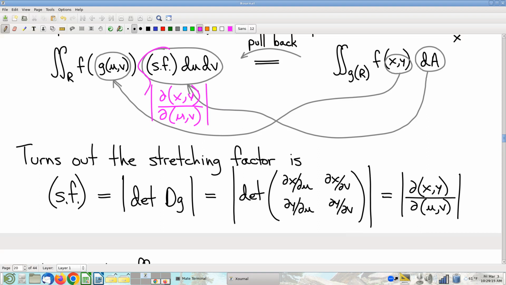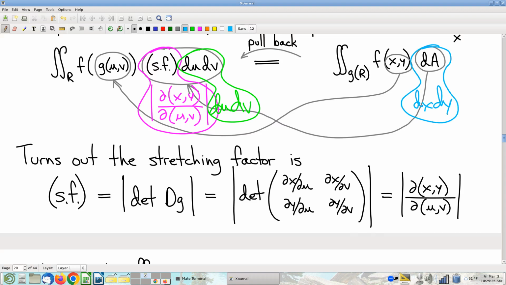There's my stretching factor, multiplied by du dv. And the claim is that is equal to this thing, which is, of course, dx dy. It represents area in the xy plane. So altogether, we're making the assertion that is equal to that.